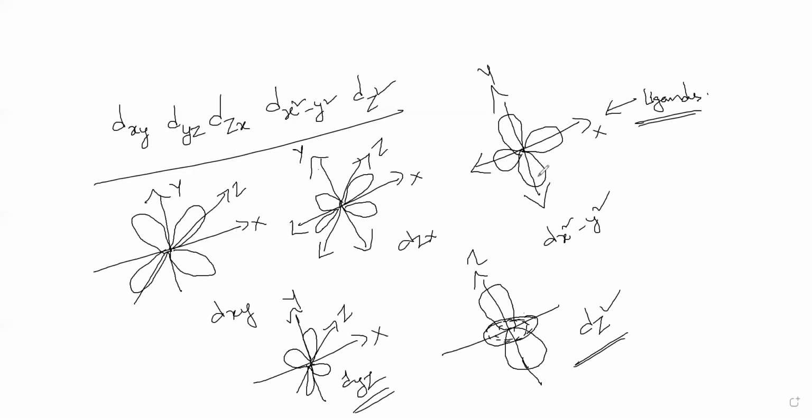If the ligands are approaching from in between the axes, then the orbitals which are in between the axes get repelled more than the orbitals oriented along the axes. Suppose the ligands are approaching along the axes, then the orbitals oriented along the axes will be repelled more. You will understand this by octahedral splitting. We will explain this. This is the fundamental idea you have to keep in mind.